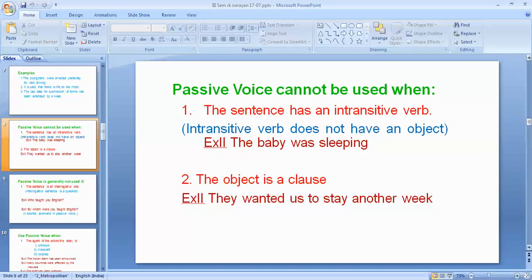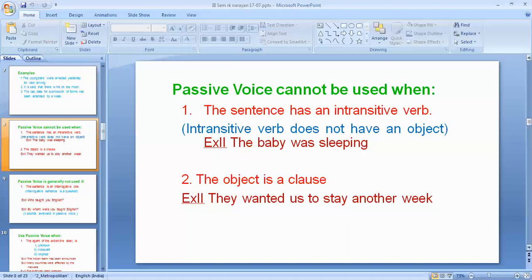So first we try to understand what an intransitive verb is. An intransitive verb is a verb that does not take an object. There is no need for an object. There will be no object. So in those conditions, we cannot use passive voice.